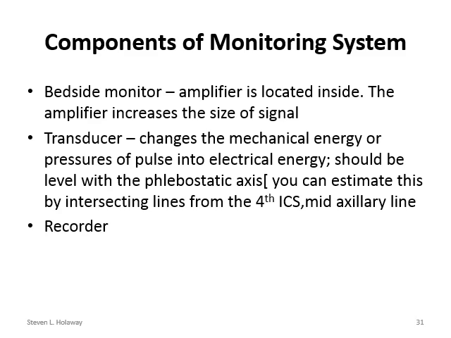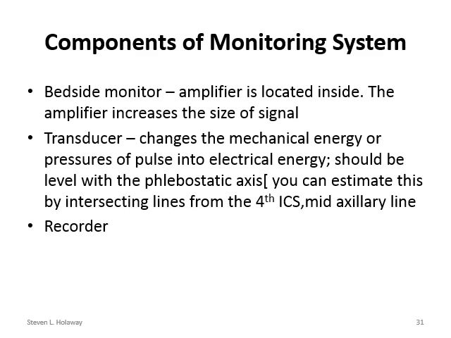So here are the components. A bedside monitor. The monitor basically is an amplifier that's right there at the side. It basically takes the signal coming from the transducer, turns it into electrical readouts that we can see. The transducer changes the mechanical energy or the pulses of pressure into electrical energy so it can be given to the machine.